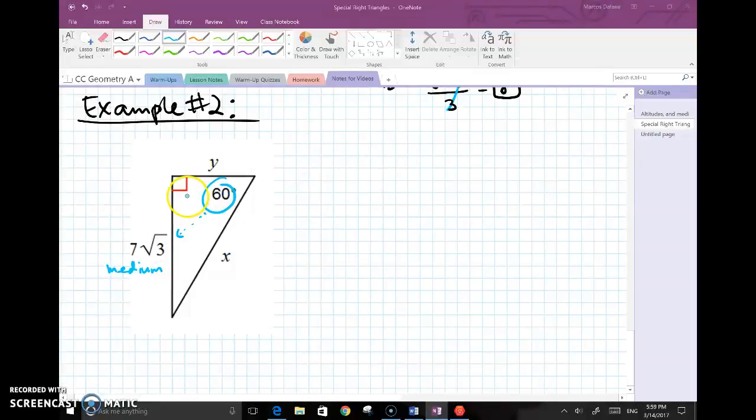X is opposite of 90, so that must be my hypotenuse, which is my longest side. And that means that we only have one thing left, and that is our 30 degrees, which must go here. And that looks all the way over here, which means this is our shortest.